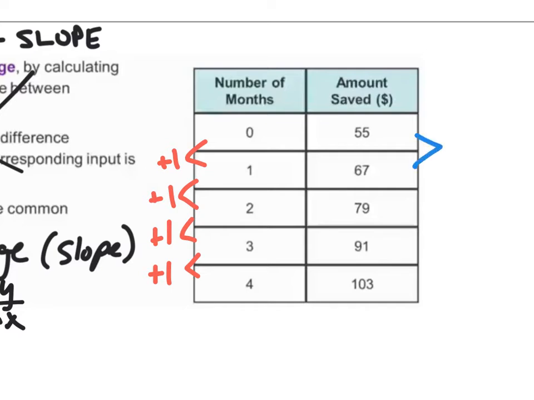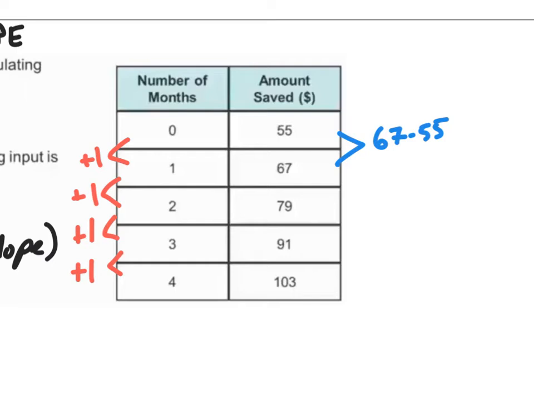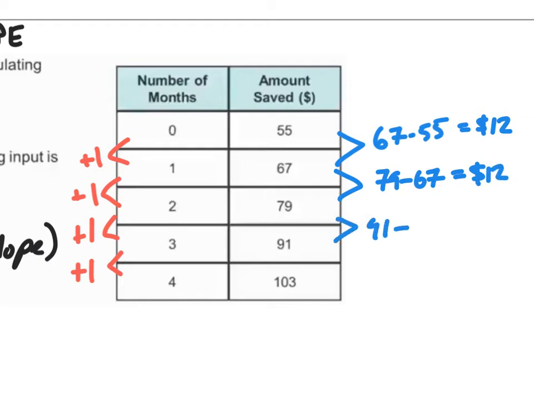Going from 55 to 67, you can just do 67 minus 55, and that's going to give us 12. So $12. To get from 67 to 79, same thing, take 79 minus 67, and that's going to give me $12. Let's take 91 minus 79, and that's going to give me $12. So what we're doing is adding $12 the whole time.